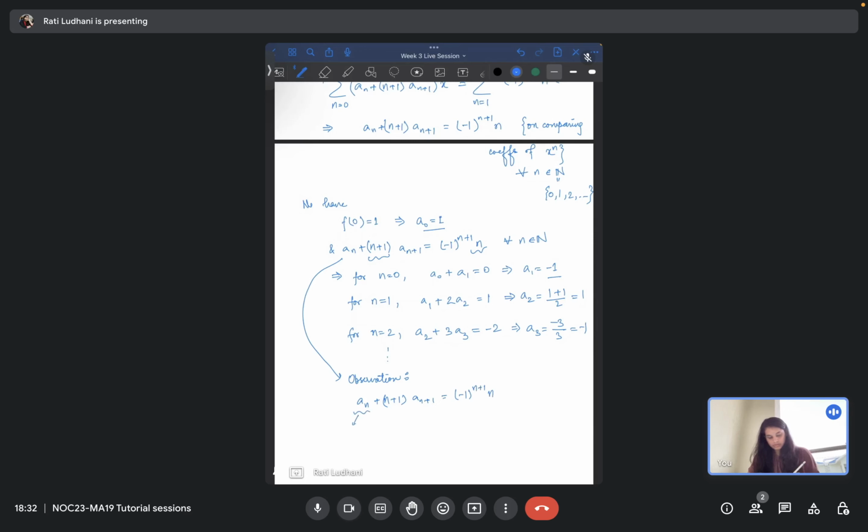This value is going to be this, and because of this, when you take it here, you will get (-1)^(n+1)(n+1). And when you divide by this, you will get just (-1)^(n+1). So this is the process.